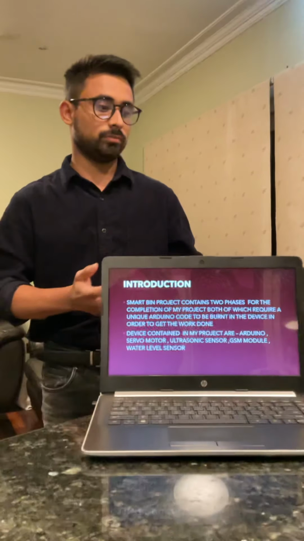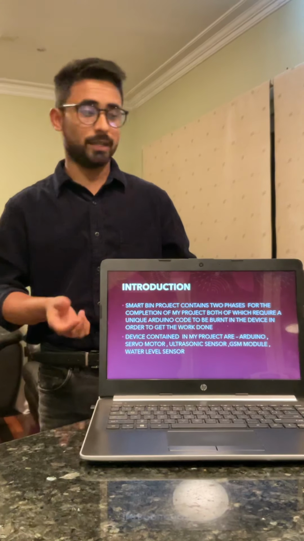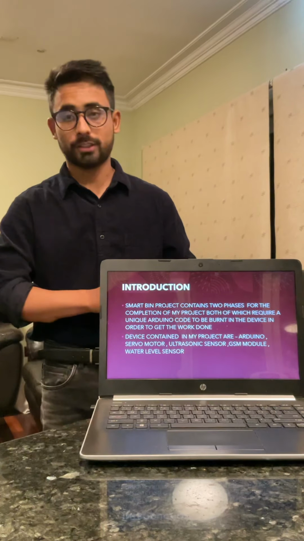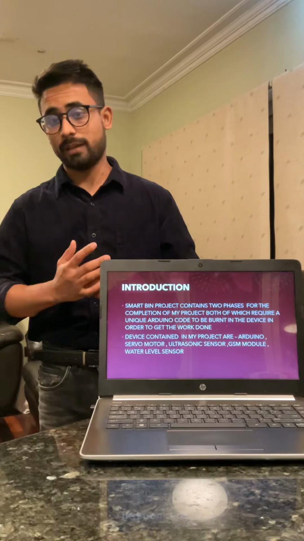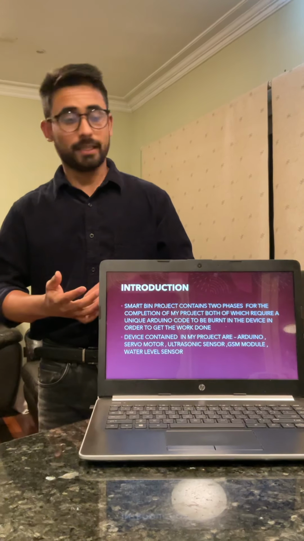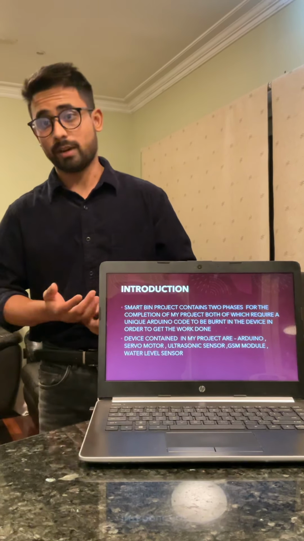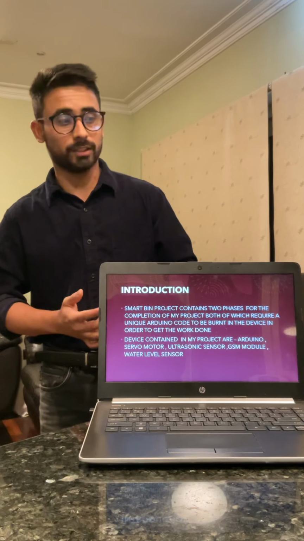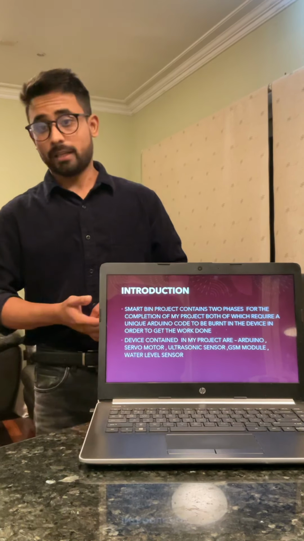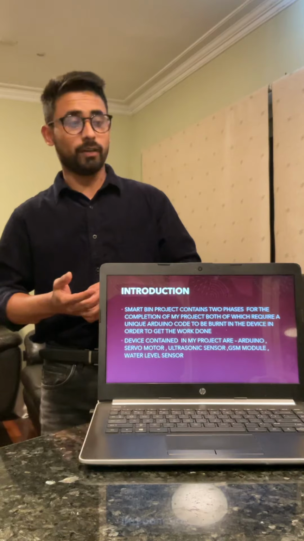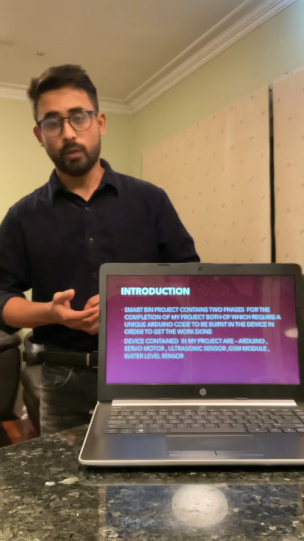We need not touch it, so we can save ourselves from getting the virus, and the virus will not be spread through touching of the bin. It also leads to a bacteria free condition and environment.